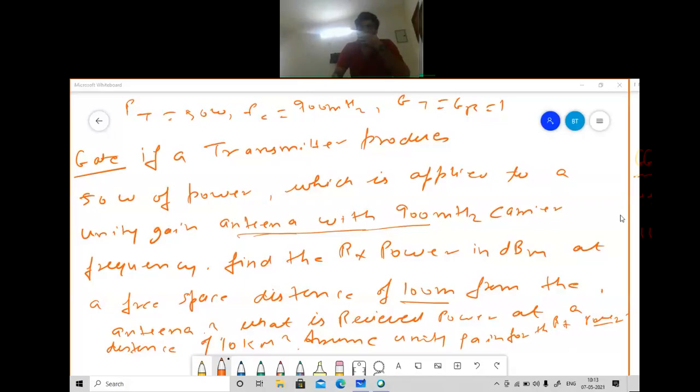So should I solve it for you? First problem. Give me a quick answer because we have to finish it today. Should I solve the first part for you? Charu, Aditi, and Pratibha, tell me what are you doing? Should I solve it for you? Trying, okay. So please try.